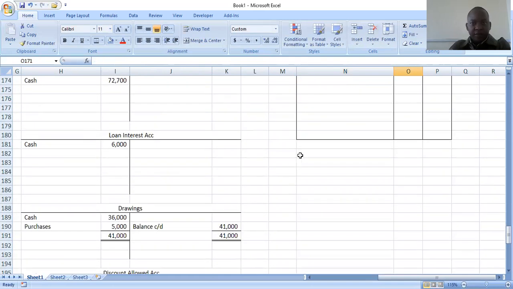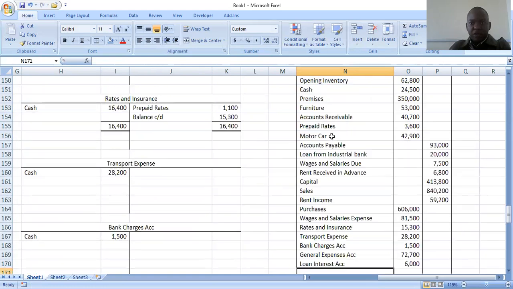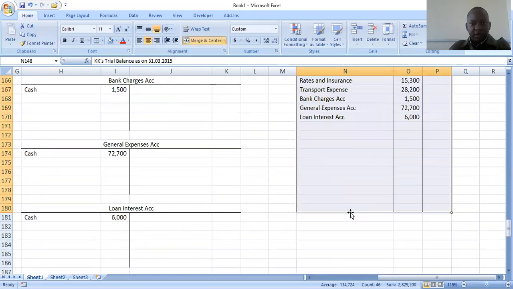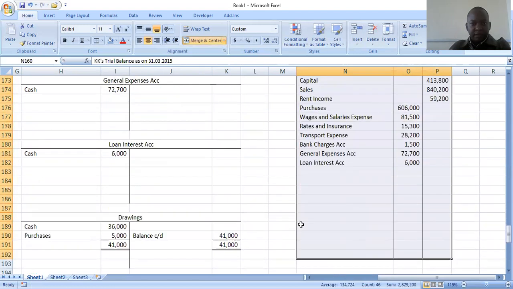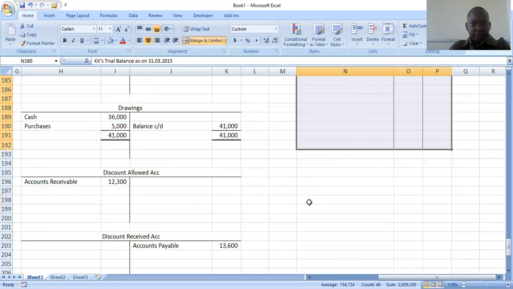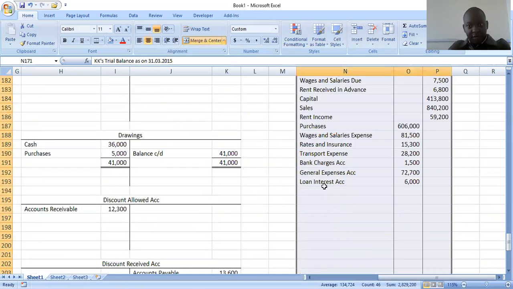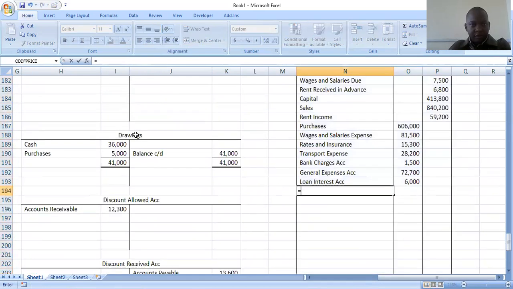Then we have drawings, a deduction in capital. Drawings should always be a debit balance, being a deduction in capital.